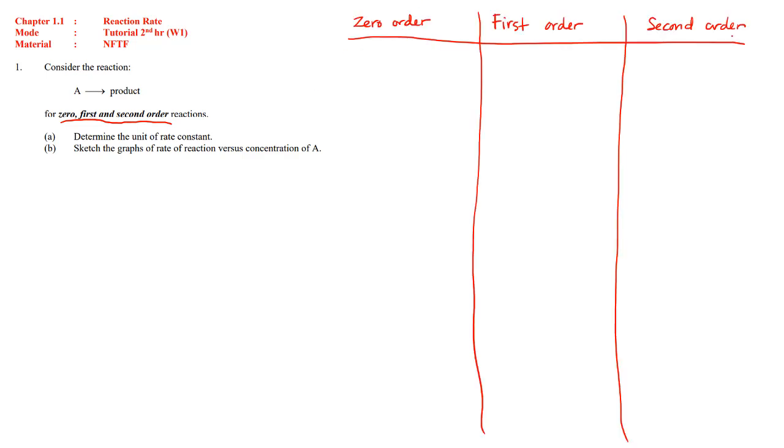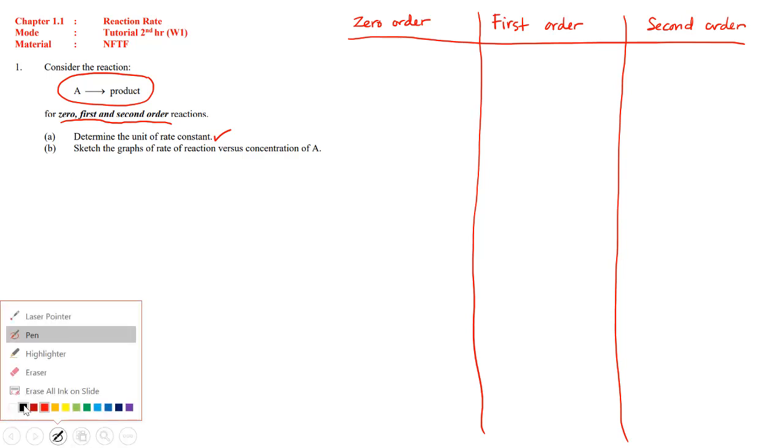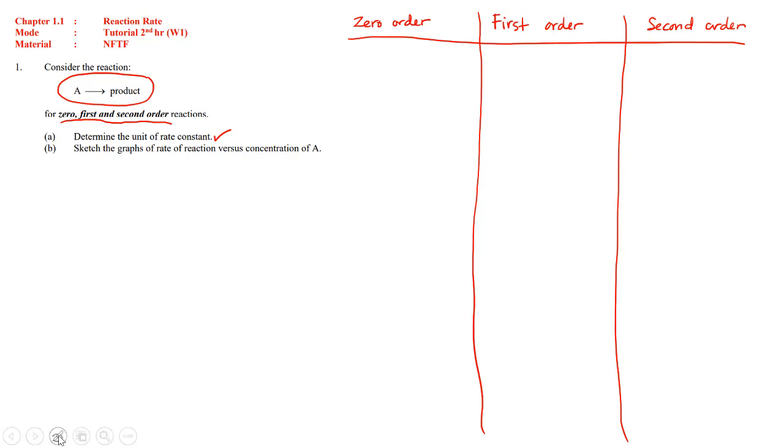Alright, so firstly, since you are going to determine the unit of rate constant, we have to refer to the rate law. So to write the general rate law, we have to refer to this information. So this reaction involves only one reactant. So the rate law is, let's say it is a zero order reaction.